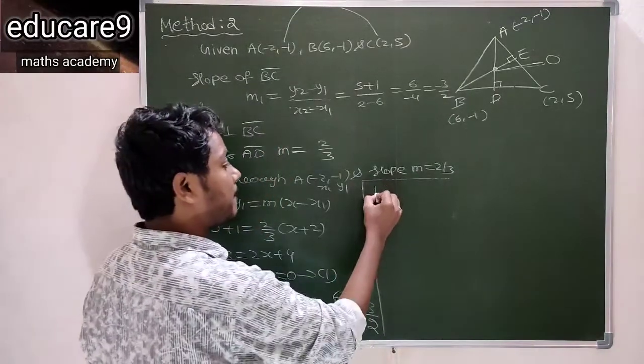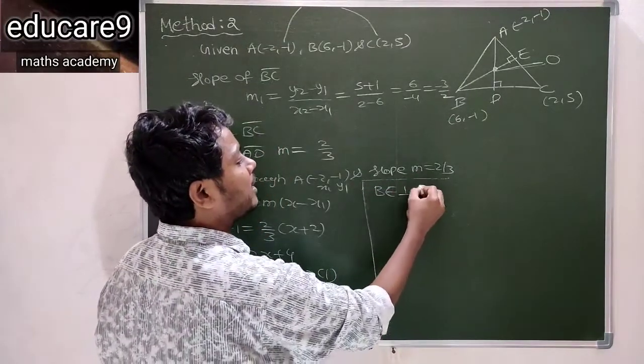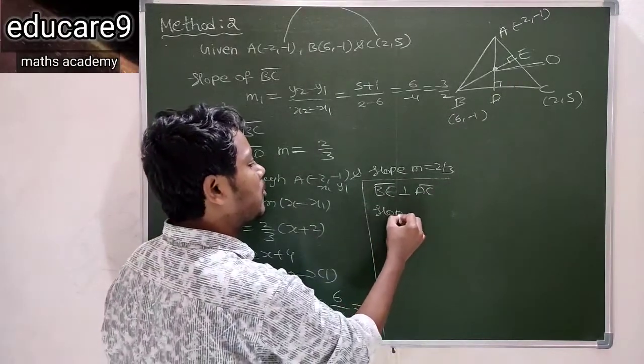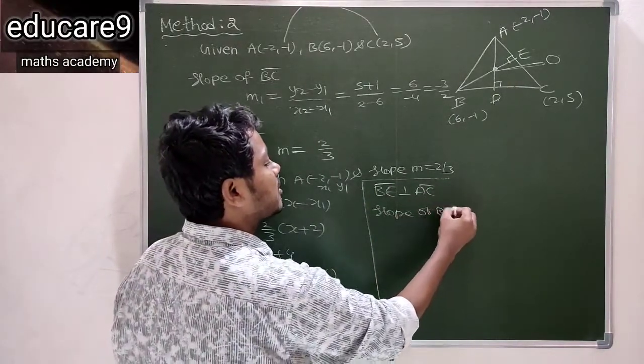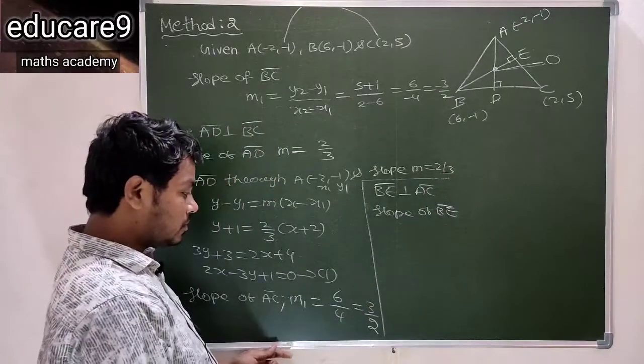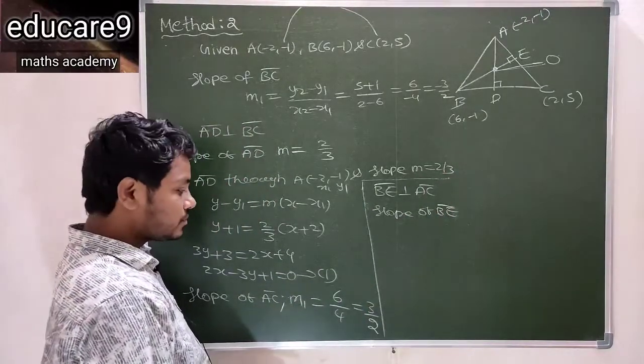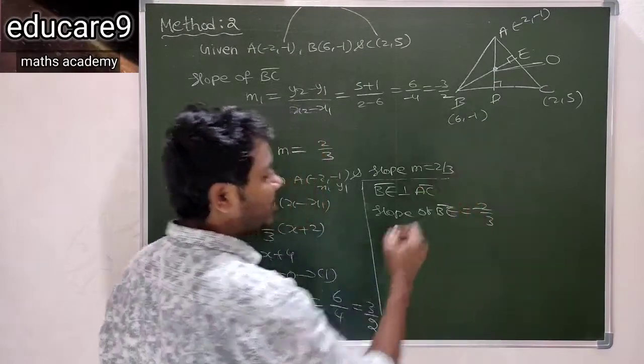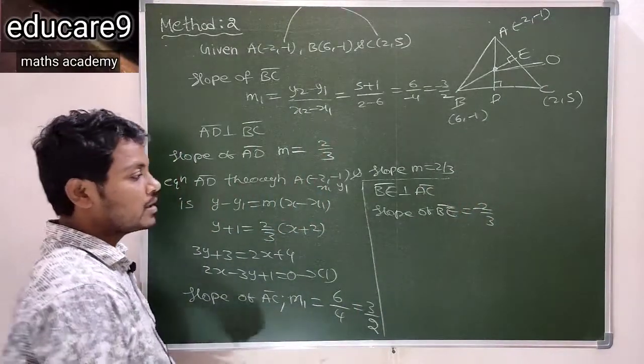Therefore, the slope of BE: write reverse, 2 by 3, and write minus, opposite signs.